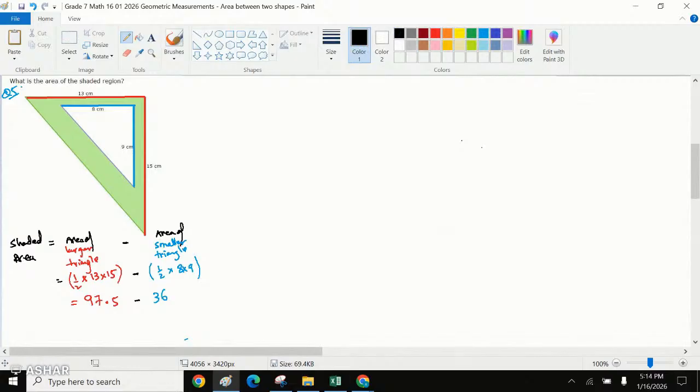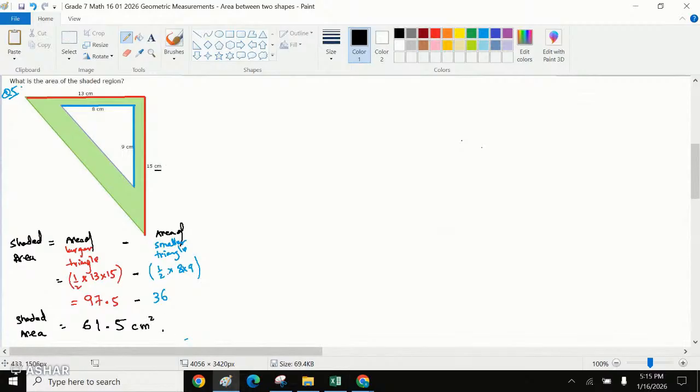So when we simplify this, can we say that we have found the area of the shaded region? Shaded area would be equal to 97.5 minus 36, and this should come out to be 61.5. What is the given unit?